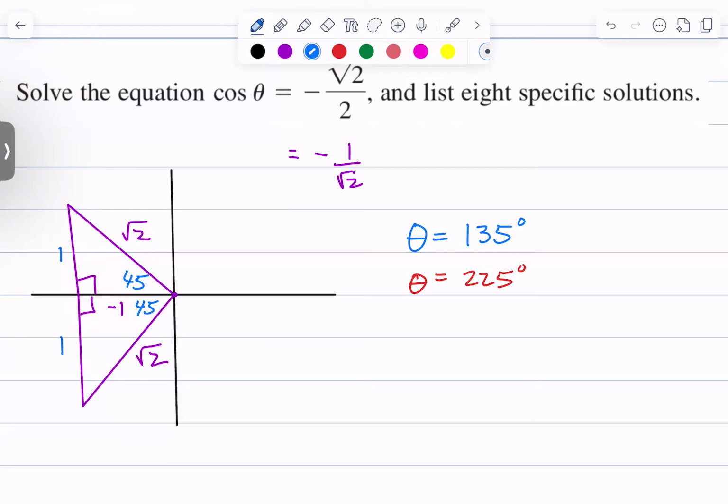In terms of radians, 135 is 3 pi over 4, and 225 is 5 pi over 4. Okay? So you want to list out 8 specific ones. I already have 2. How am I going to get my third and my fourth one?